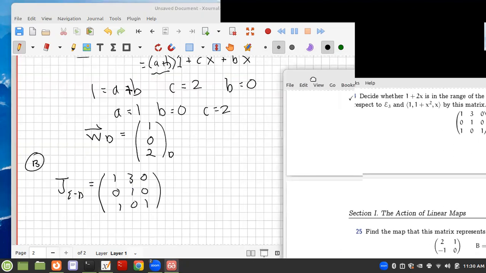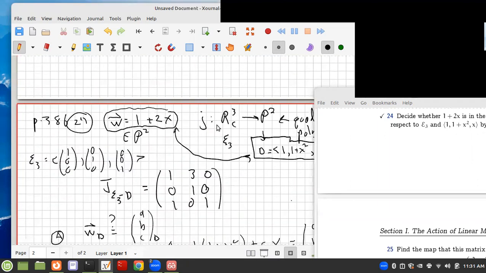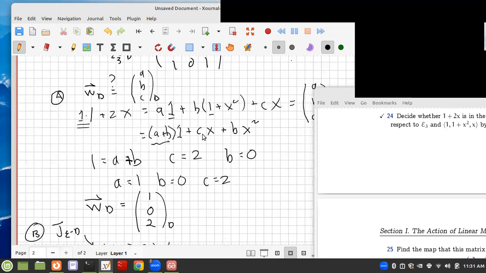Okay. Now, this is J. It acts on a vector in R3, but we can't use x, y, and z because in the polynomial space we have this x.